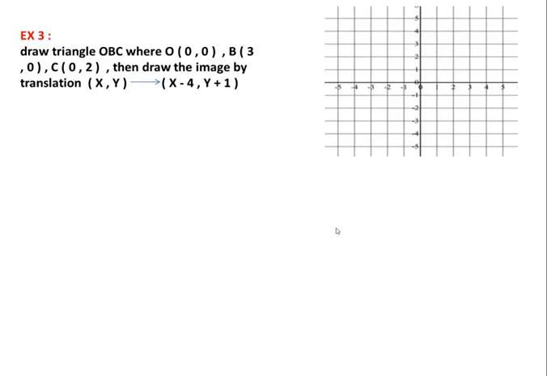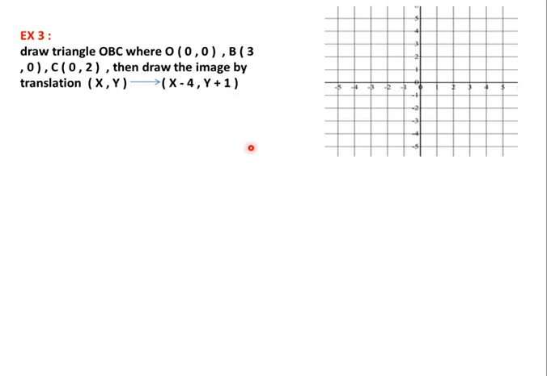Example number 3: draw the triangle OBC where O is (0, 0), I mean the origin point, B is (3, 0), and C is (0, 2). Then draw the image by translation (x minus 4, y plus 1).